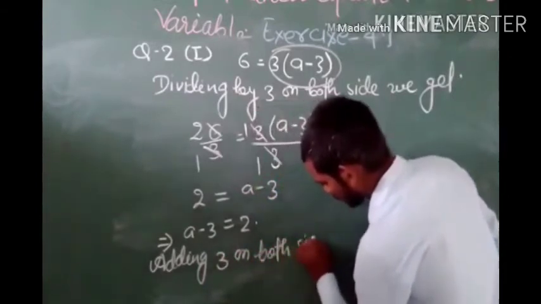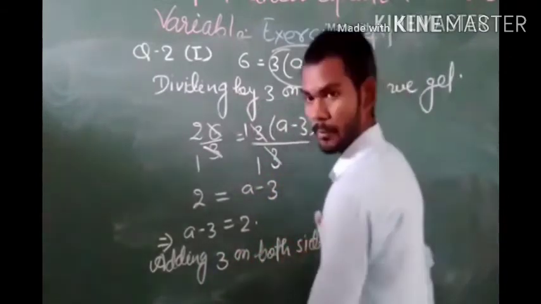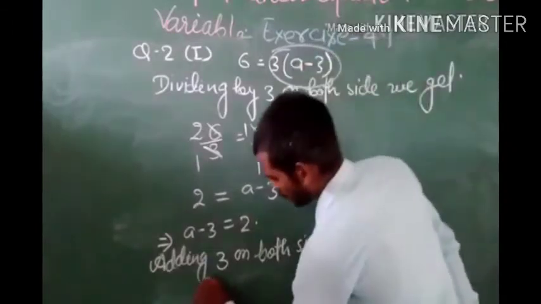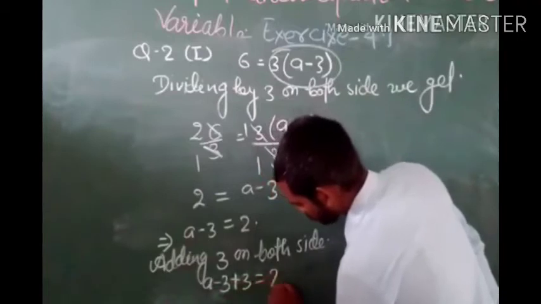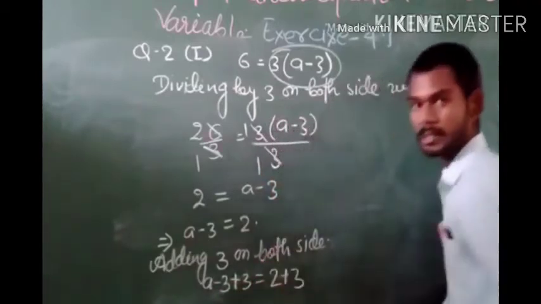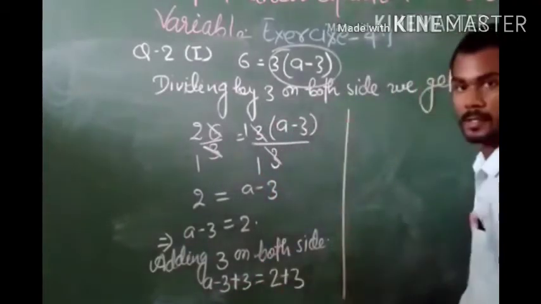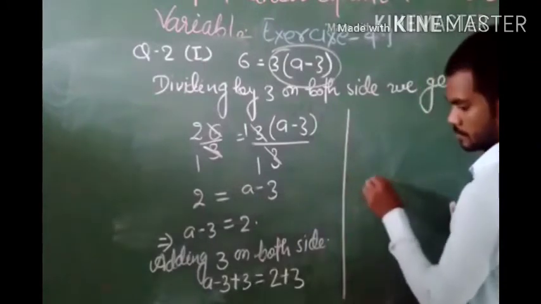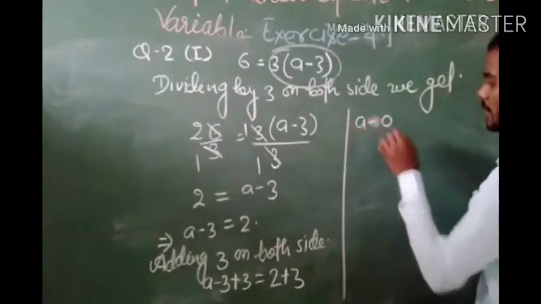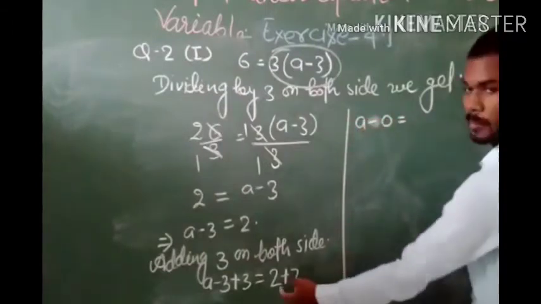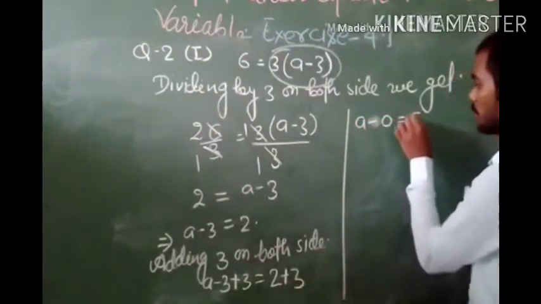On both sides, we get a minus 3 plus 3 is equal to 2 plus 3. We get a plus 0, that is a, is equal to 2 plus 3, which is 5.